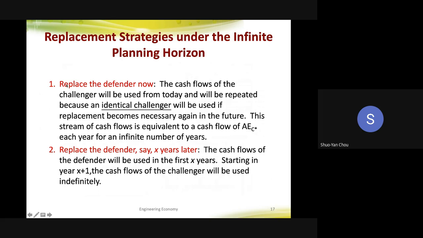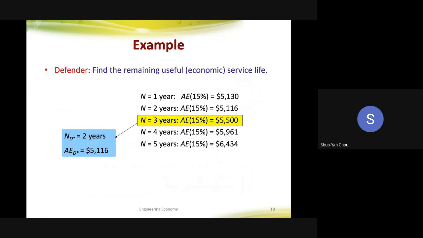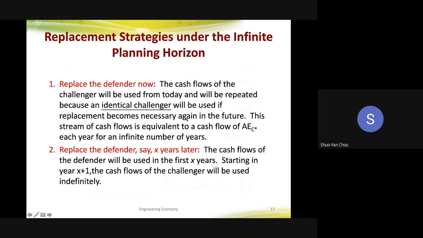Here is replacing the Defender now. Again, we will use the Challenger for the rest of the time. Here there's still a little bit of consideration, but basically we'll use the same Challenger for the rest of the time.